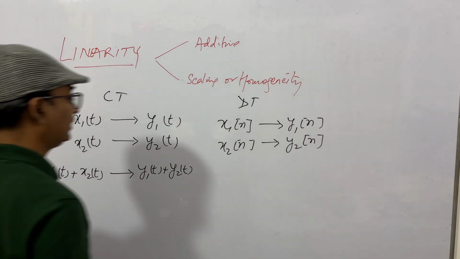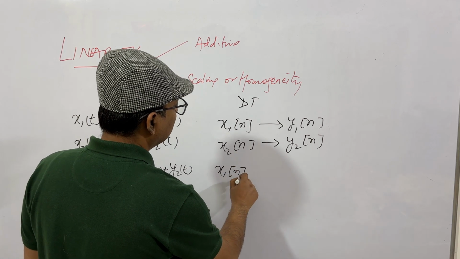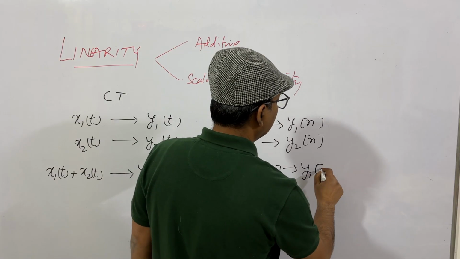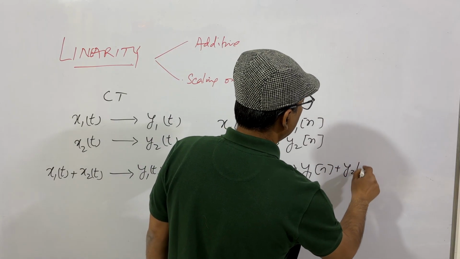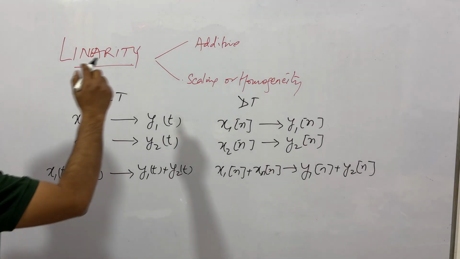This is the additive property of linearity. Here, if the input is x1(n)+x2(n), then your output should be y1(n)+y2(n). Clear? This is called the additive property, the first property of linearity.